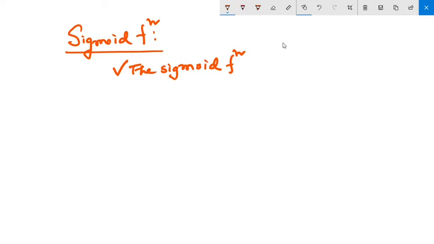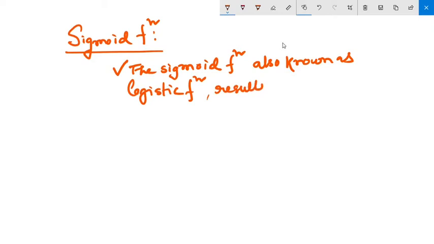So the sigmoid function, also known as the logistic function, results in an output value between 0 and 1.